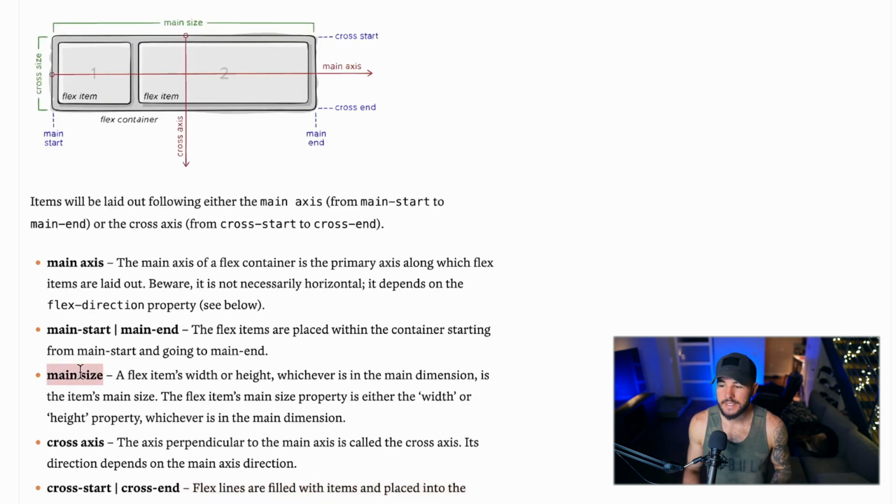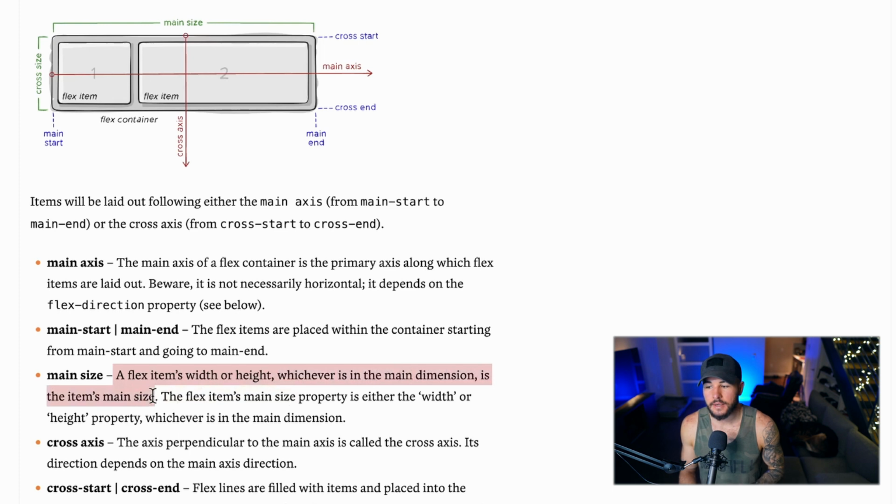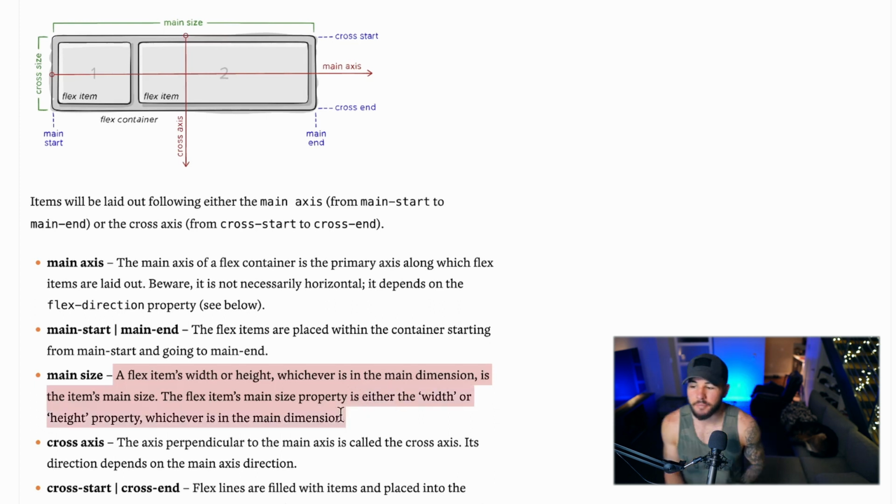And then you also have your main size. This is the flex items' width or height. Whichever is the main dimension is the item's main size. The flex items' main size property is either the width or height property, whichever is in the main dimension.